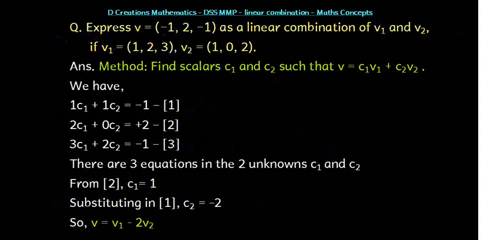What did we do here? We simply put the values of the respective scalars in place of c1 and c2. So the answer to this question is that v is equal to v1 minus 2v2 is the expression of v as a linear combination of v1 and v2.